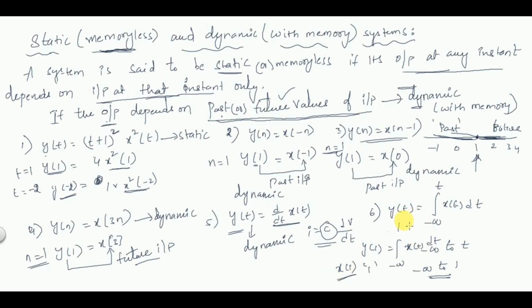Since it depends on all the values from minus infinity to 1, it is a dynamic system. Okay, so this is how we can classify a given system as either a static or dynamic system. For a system to be static, the output at any instant should depend on the input at that instant only.